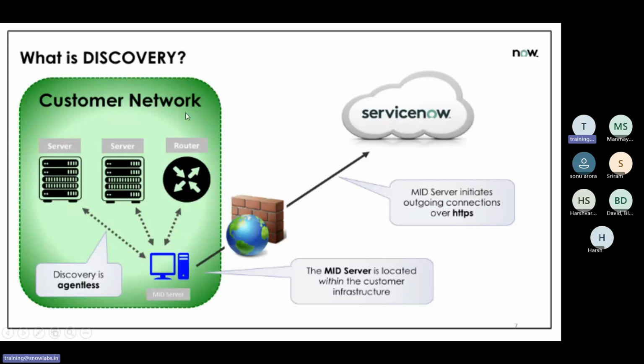Suppose this is the client location, and this is the third party. ServiceNow is another company. Why would this company allow another company to come to their network and see the things? Obviously, they will not allow any other company to come to their network, right?